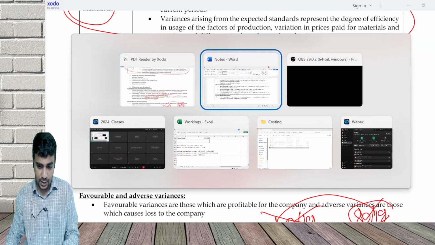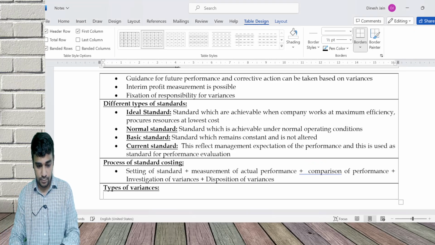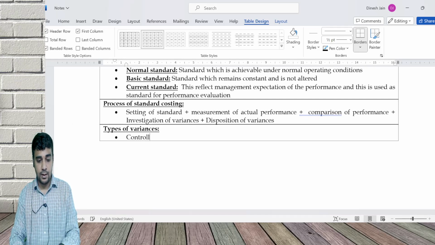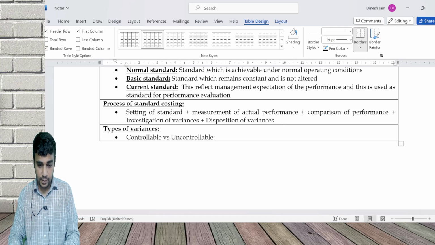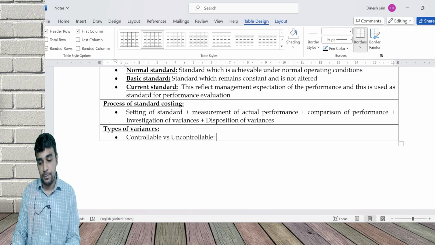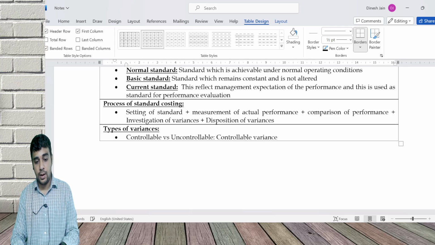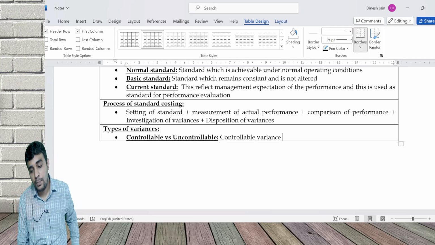Let's write types of variances: controllable versus uncontrollable.